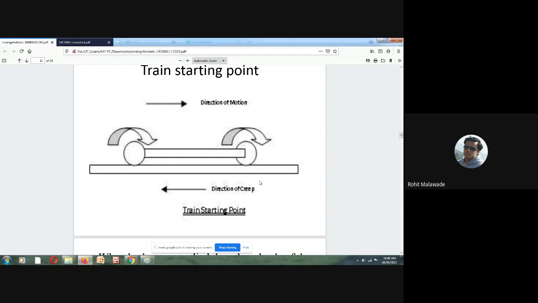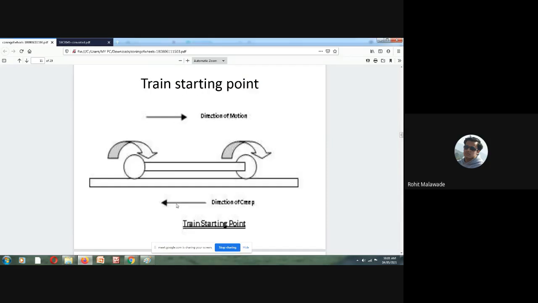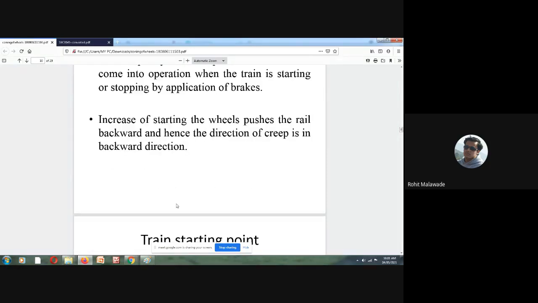So here it tries to move backside. Your wheel will be moving in a clockwise direction, while this will move in a back direction. So when the train is going to start at a starting position, the wheel is moving in a clockwise direction, and your sleeper is going to move in a backward, or longitudinal, direction. That we call the creep.